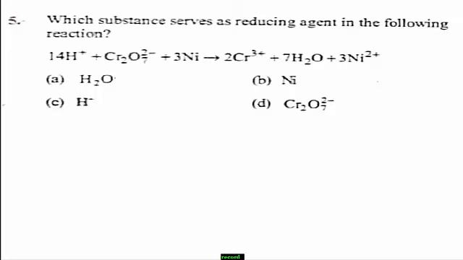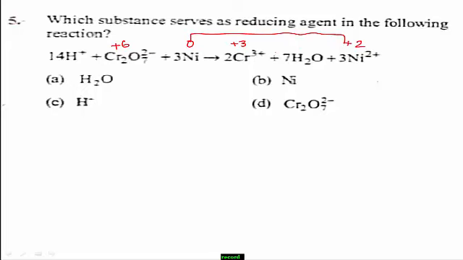First, you calculate the oxidation state of each atom. Here, in Cr2O7 2-, the oxidation state of Cr is +6, and nickel's oxidation state is 0, and Cr here becomes +3, and nickel here becomes +2. Students, when we observe the oxidation state of nickel, it changes from 0 to +2.